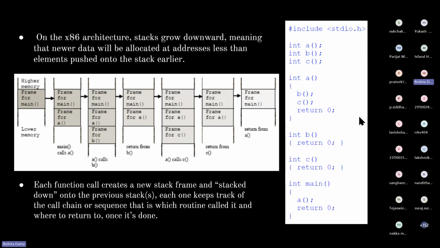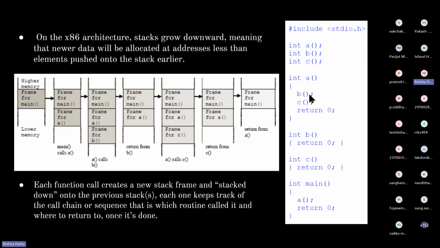And when we go to A, we see that A is calling another function B. So there has to be a frame that's created for B. Once B is executed, you return from this. You basically deallocate whatever place was allocated when that frame was created, and then you go back to the frame for A.